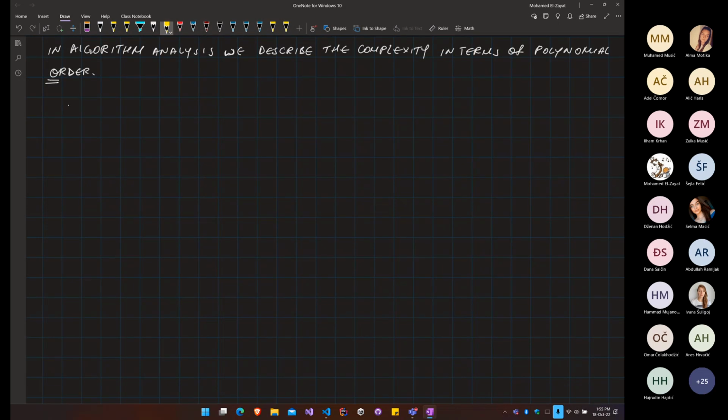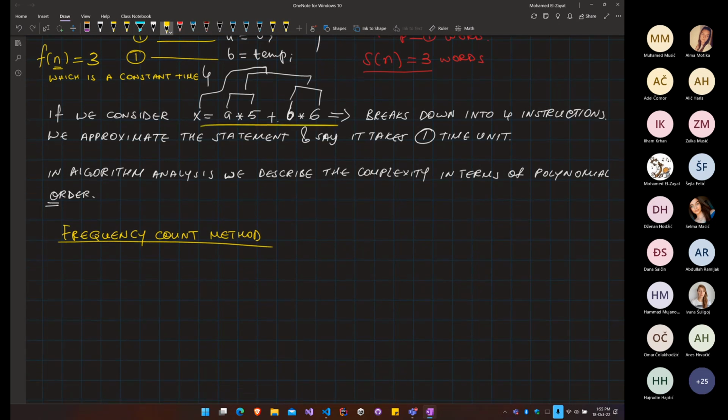Don't worry, I'm going to mention it again, but it's important to get your brains working now about it. Frequency count method. Now, please remember how we broke this down, right? So this is super important.